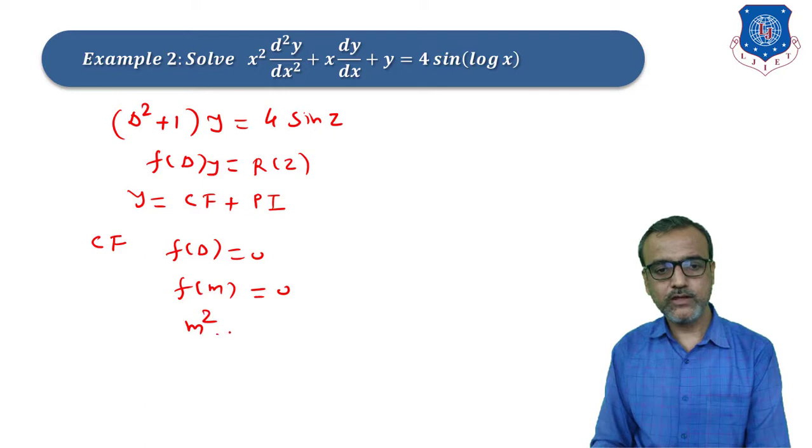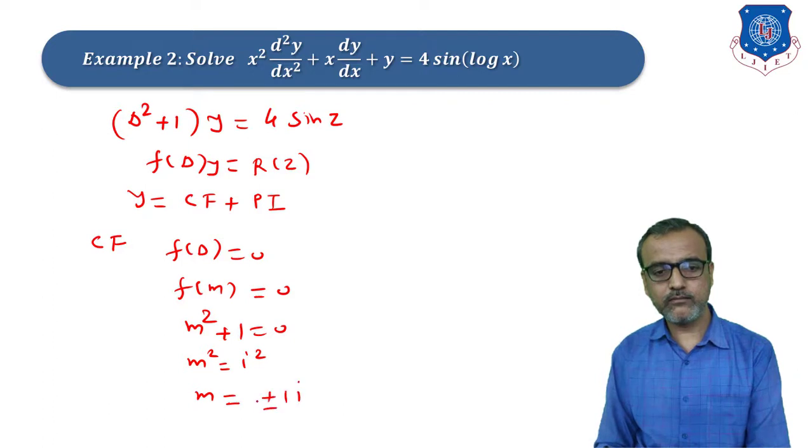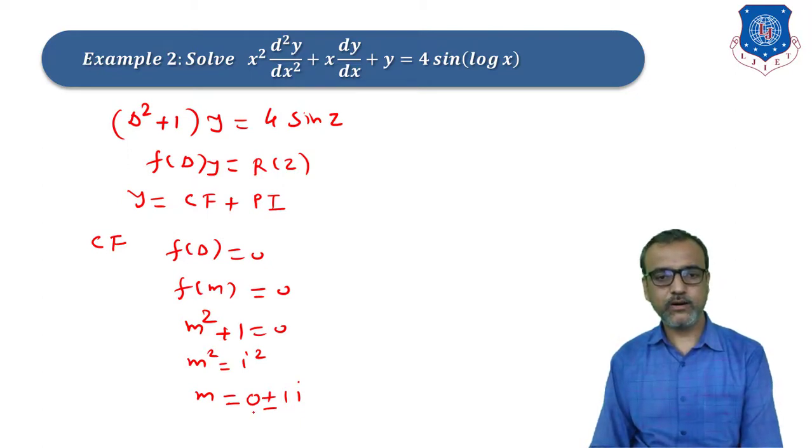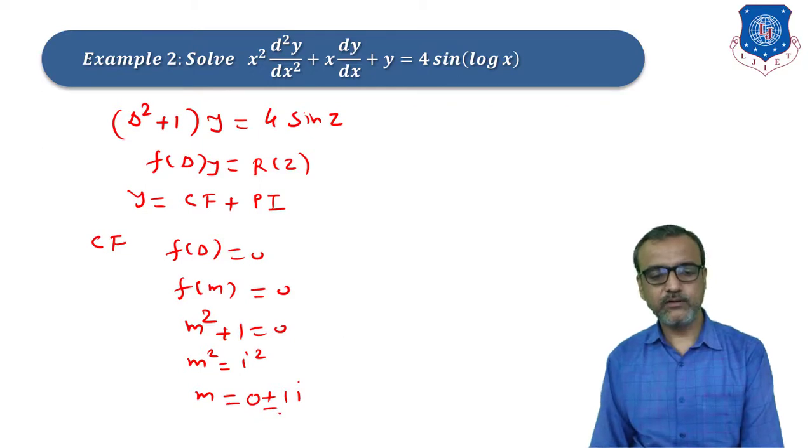So we have m² + 1 = 0, so m² = -1, and -1 is nothing but i². So m = ±i, and the real part is 0. Here the imaginary part is 1 and the real part is 0. Now based on this complex number, we will write down CF.